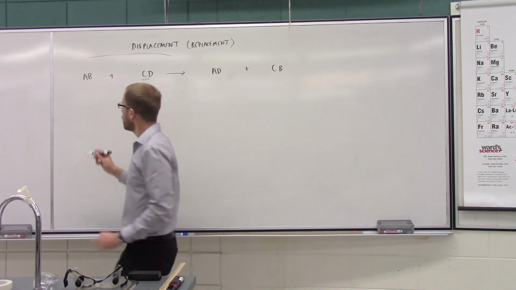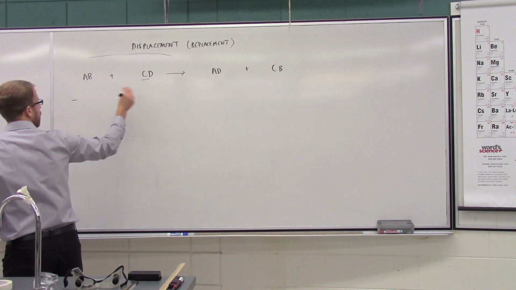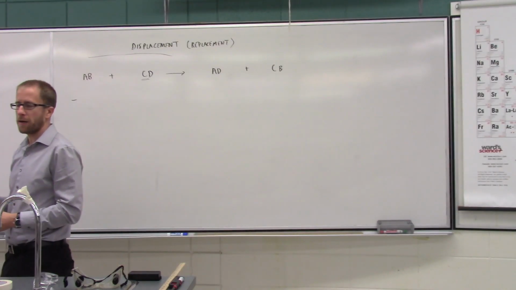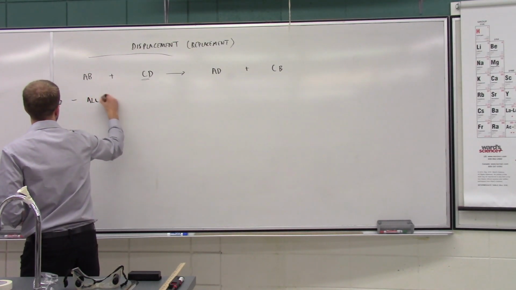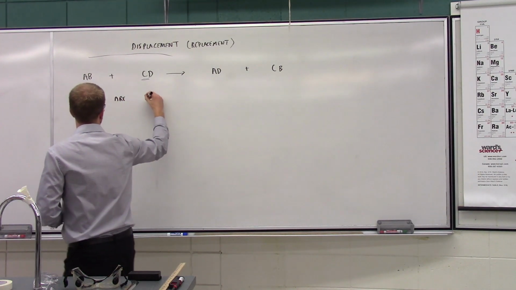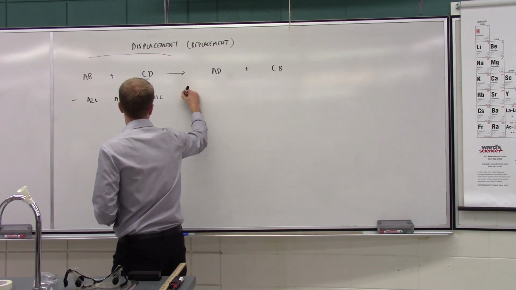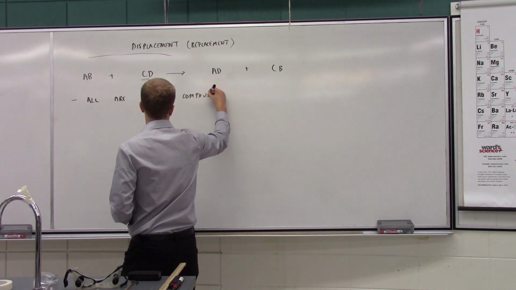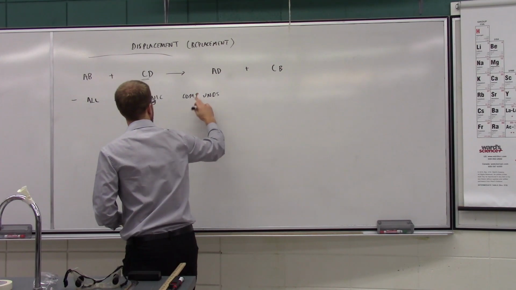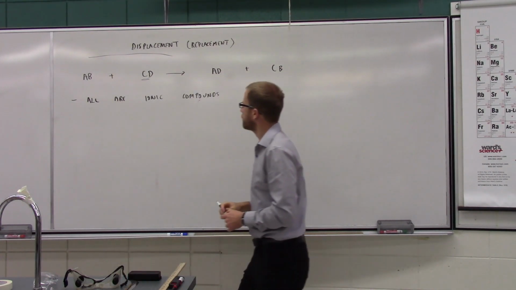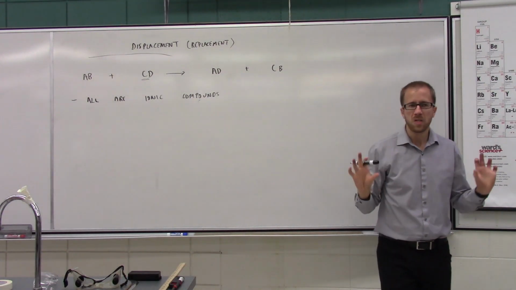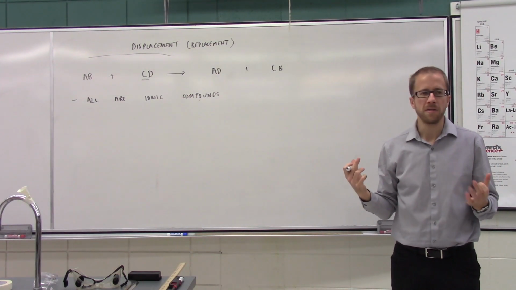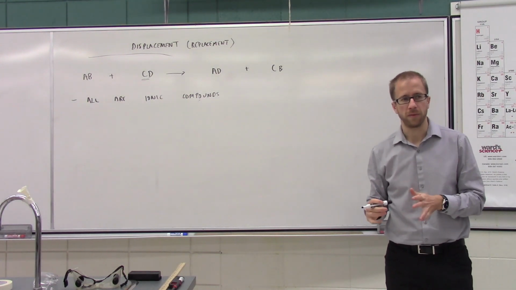And in this example, for this class, all of these are ionic compounds. So we are going to be switching ions amongst two compounds.